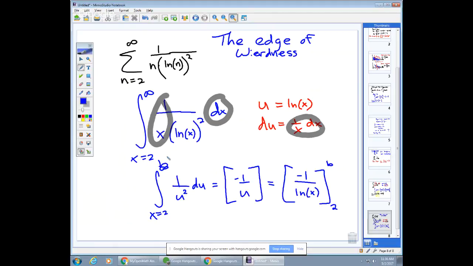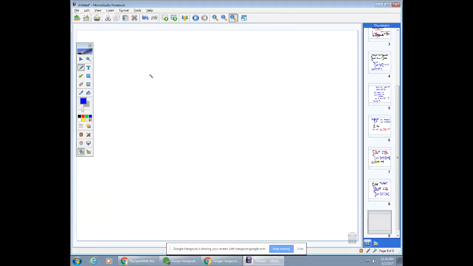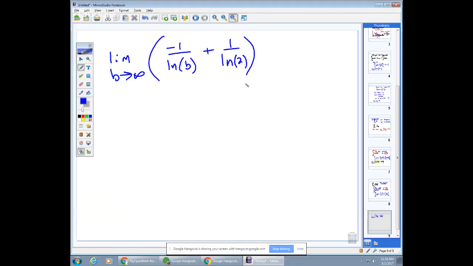All right, so next we're interested in the limit. So new page, we now have the limit as b goes to infinity of, that was a negative, right? So we have a negative 1 over the natural log of b minus a negative, so plus 1 over the natural log of 2. I think I got that right.